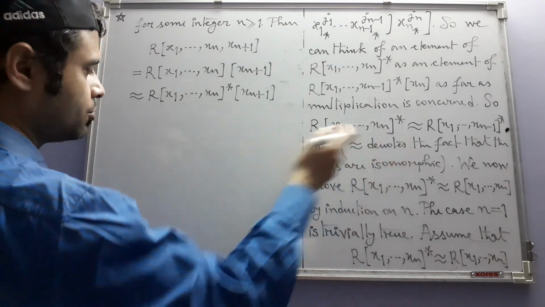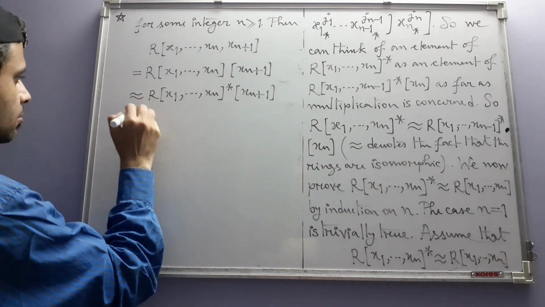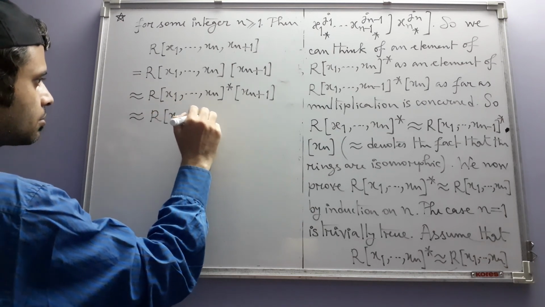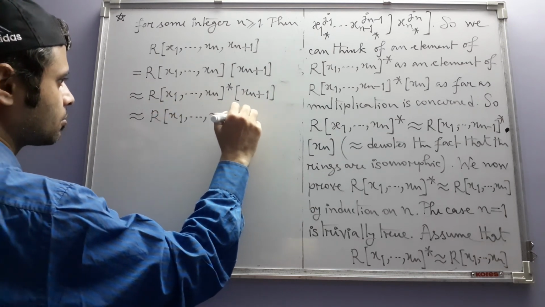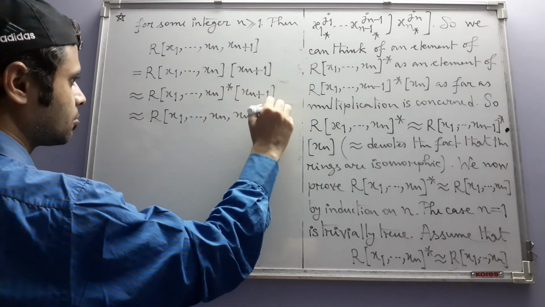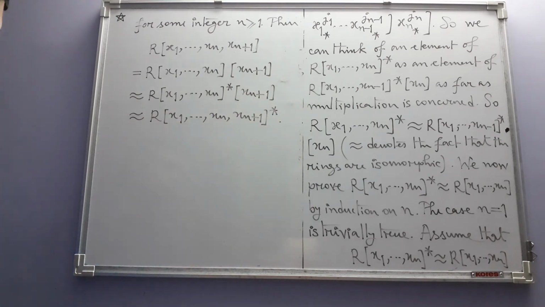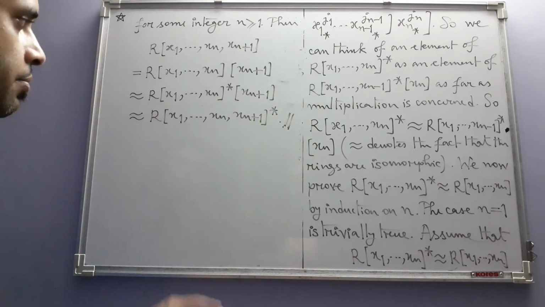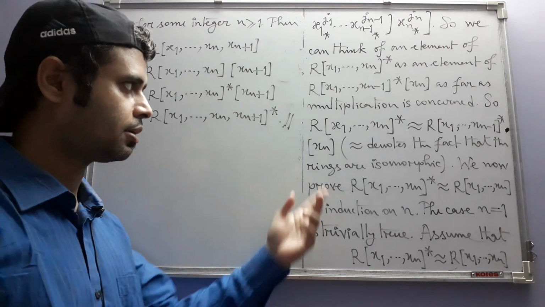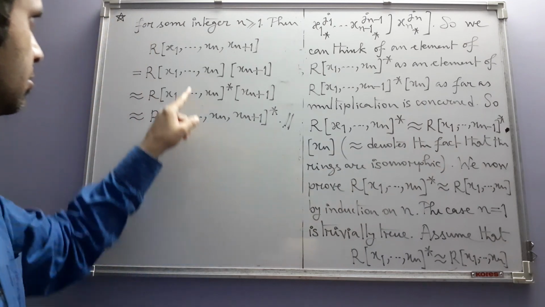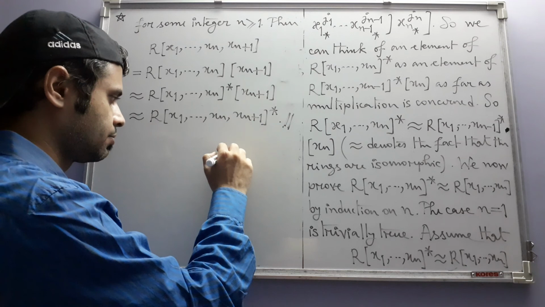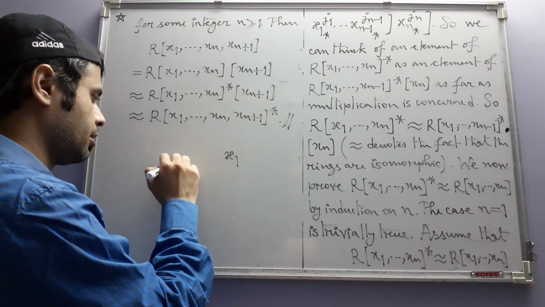And by what we have proved here, this is isomorphic to this. So that completes this horrible solution. But now we can say for sure that yes, the elements of our original polynomial ring are such sums where the terms look like this.